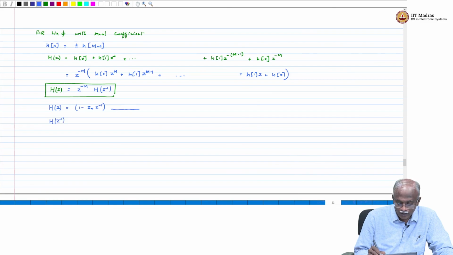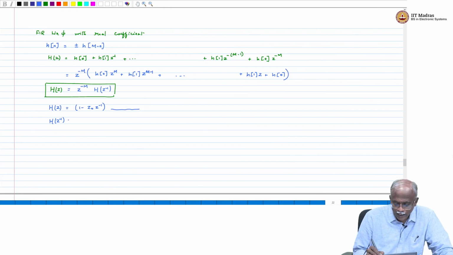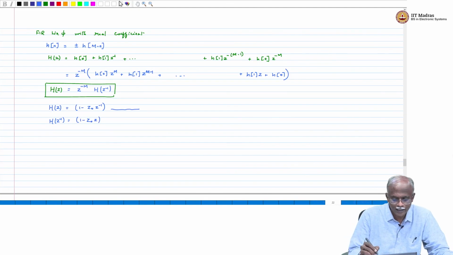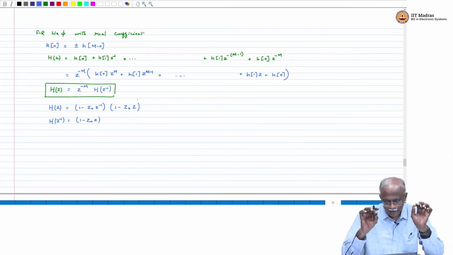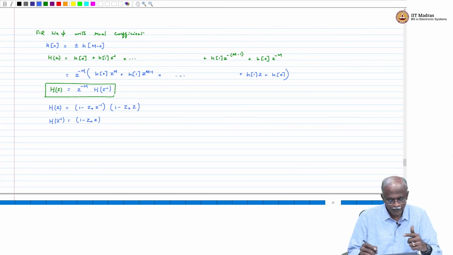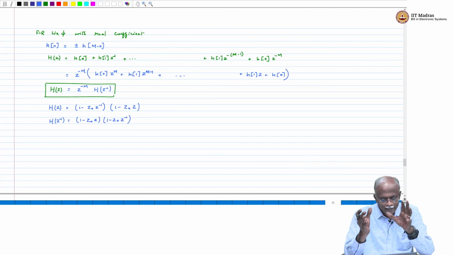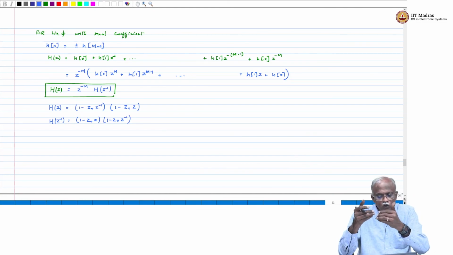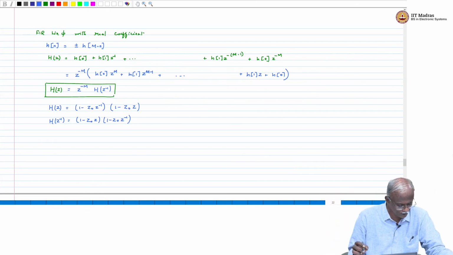H of z inverse must equal this, so there will be a term with 1 minus z naught z that must also be there in the expression. So that when you have H of z inverse, you will get 1 minus z naught z and 1 minus z naught z inverse. So we find that the reciprocal zero must also be present when you look at the zeros of an FIR linear phase transfer function.